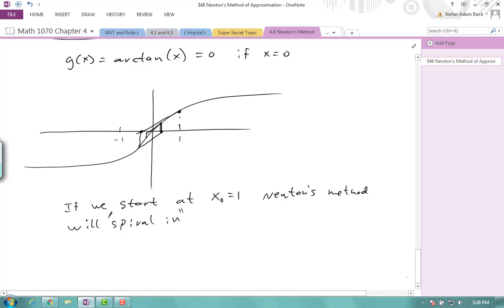You know, that's great. Fantastic. However, if we start at x sub 0 equal to 2, then Newton's method will spiral out of control.